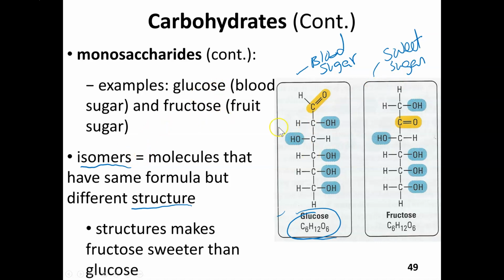Glucose does not have as sweet a flavor as fructose, though they have the exact same chemical formula. The difference in structure allows fructose to have a sweeter flavor. And that difference in structure with the same chemical formula is called an isomer.